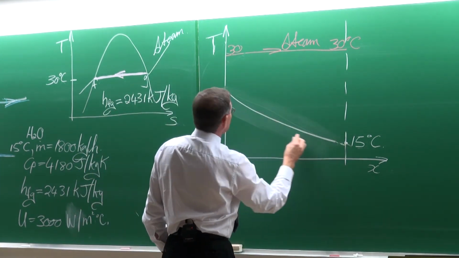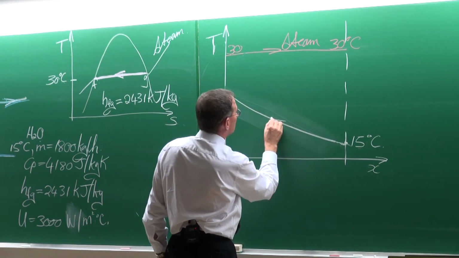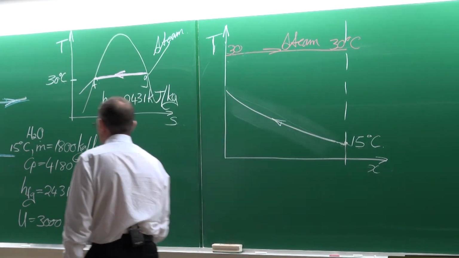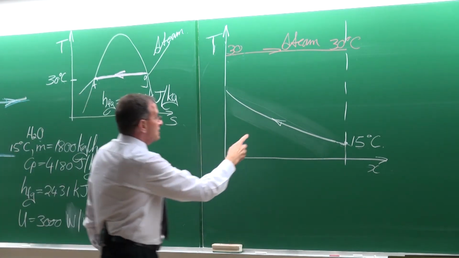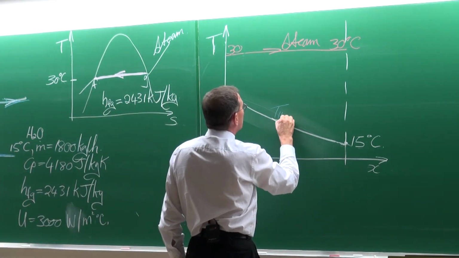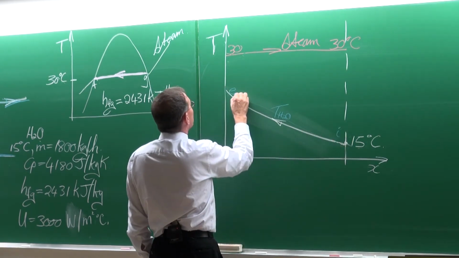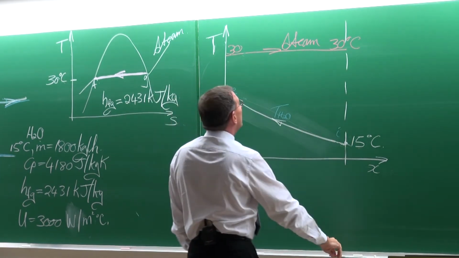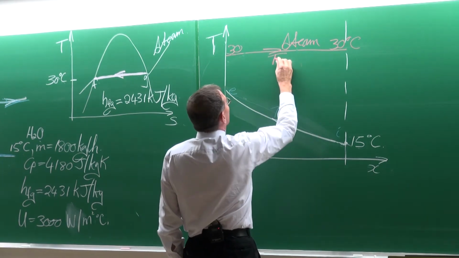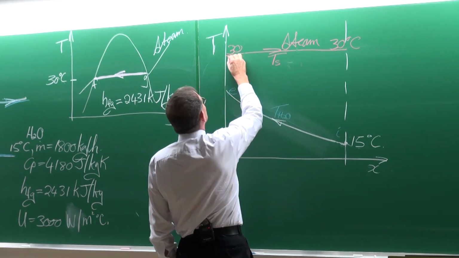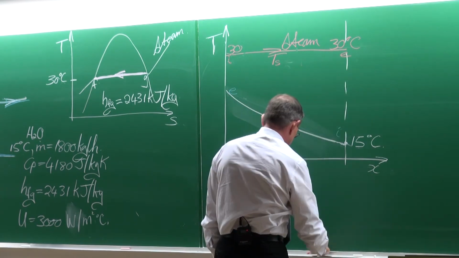Let's rather do it something like that to show it's not linear. So this is the water side, T water. That is the inlet of the water, that is the outlet, and that is the temperature of the steam, and that would be the inlet and the outlet.